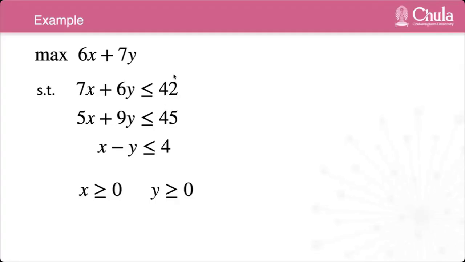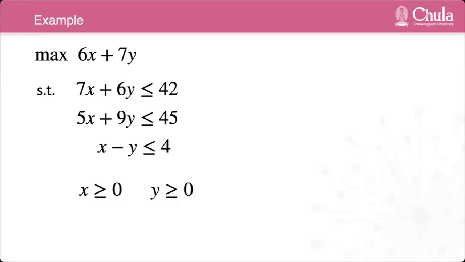All you have to do is first we add a slack variable, right? Add S1 here, okay? And then this relationship becomes equal, okay? We add S2 here, and it becomes equal, okay? Here also plus S3 and then equal 4, okay? Good.